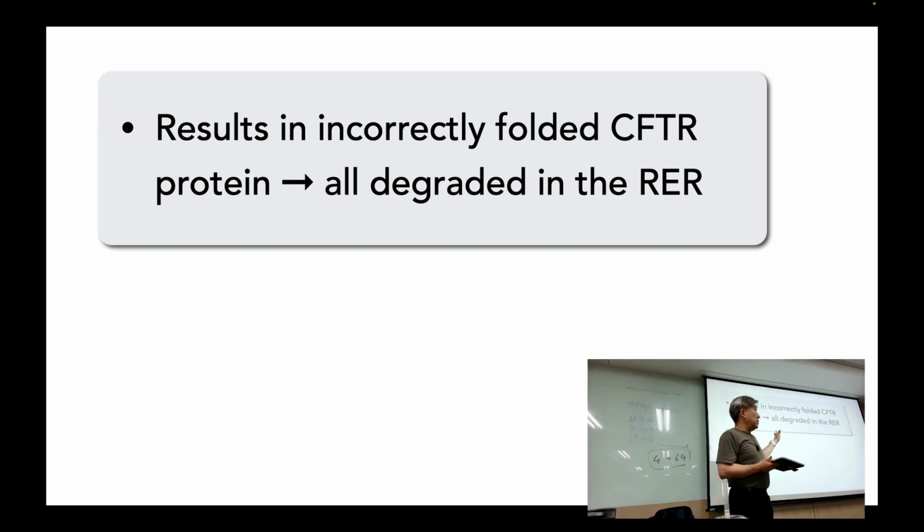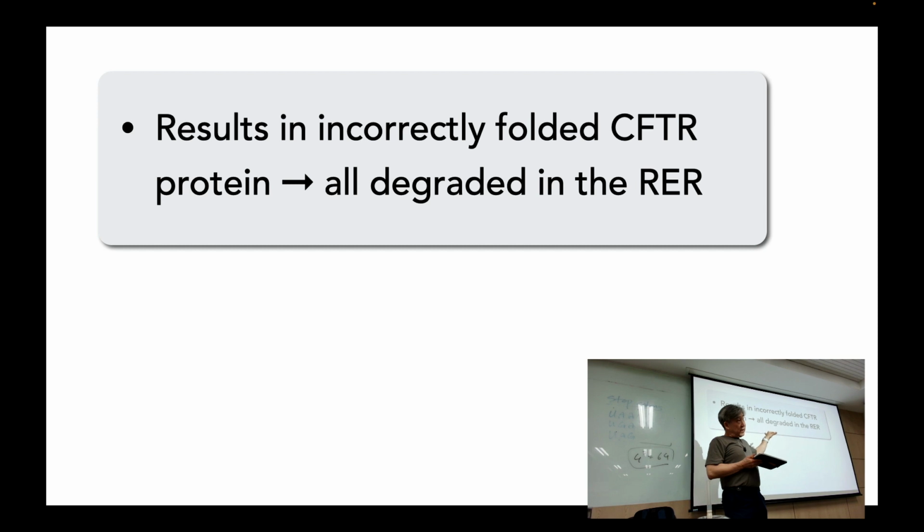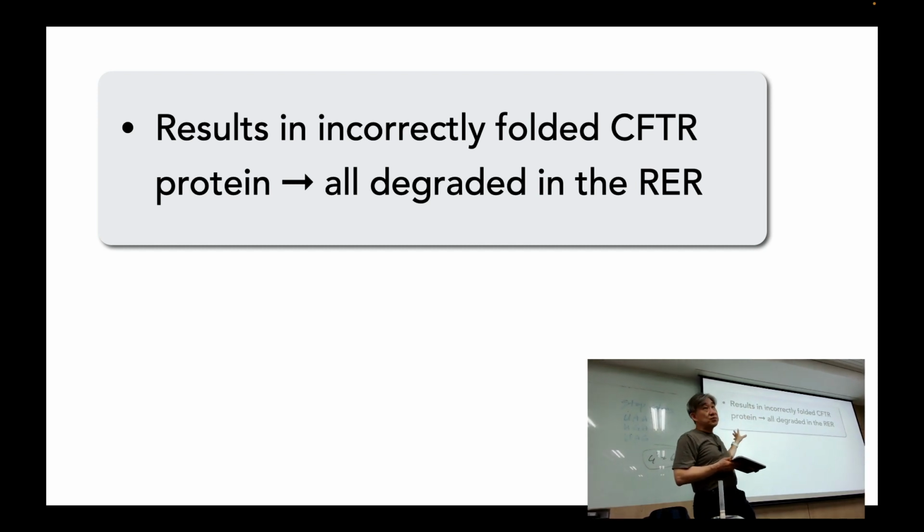If any protein fails in proper folding, it is not allowed to go out of the endoplasmic reticulum; it is destroyed on site, degraded. And that's what happens in the case of the CFTR mutant protein.